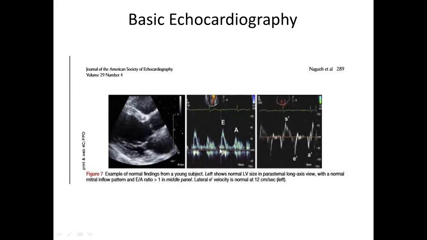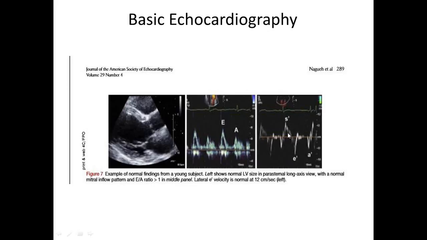Then the mitral valve opens and you get your suction, or your rapid blood flow from the left atrium into the left ventricle, the E velocity, and then a diastasis, where there's equalization of pressure between the atrium and the ventricle. Then the atrium contracts, the A velocity.